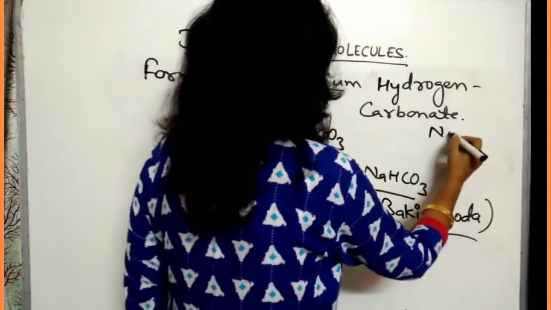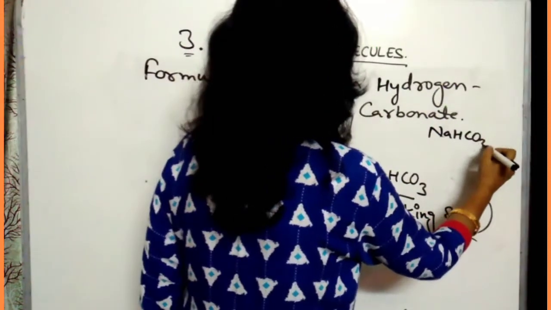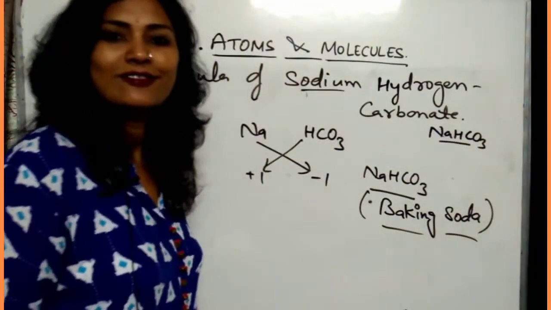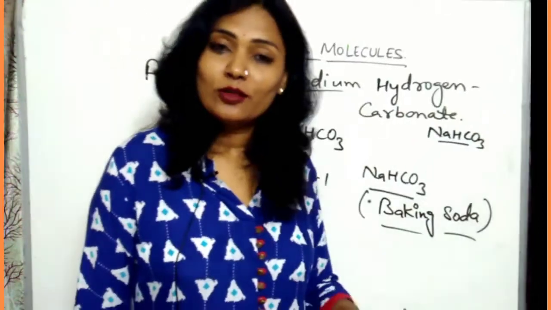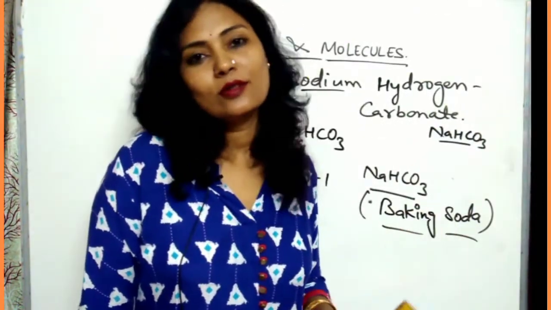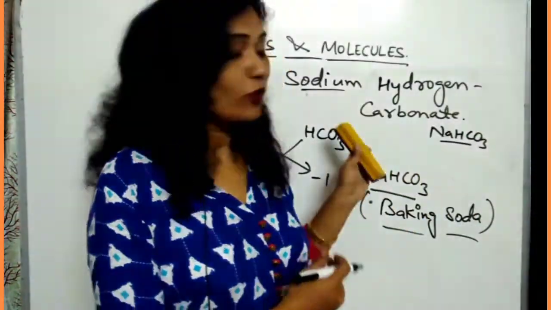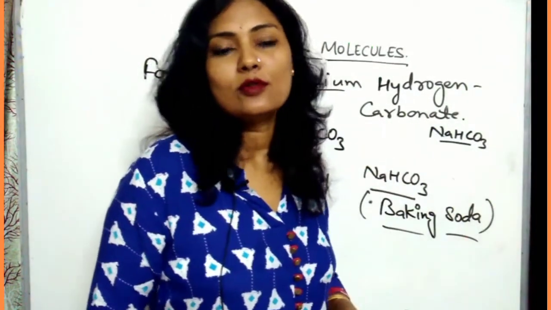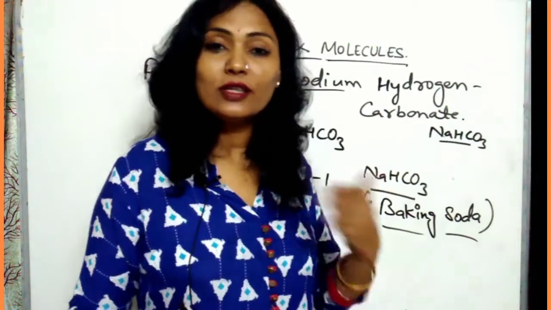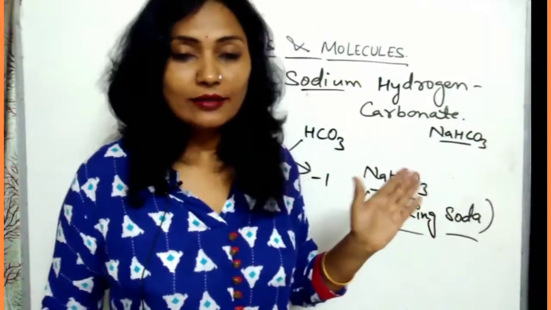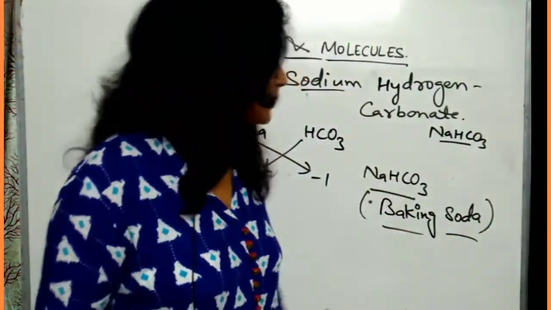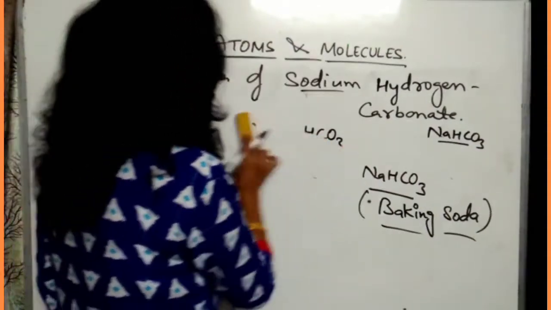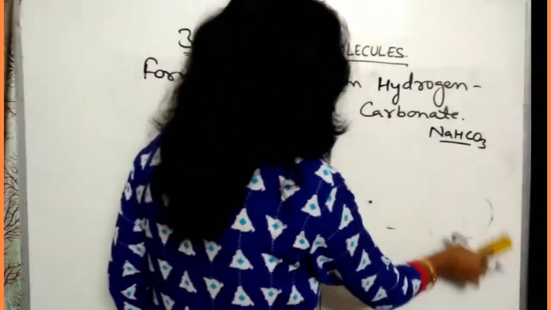You can write it here. According to this formula, you can find out their common name also, and how you will write this formula, like that I have explained. Okay, now let us take another example.